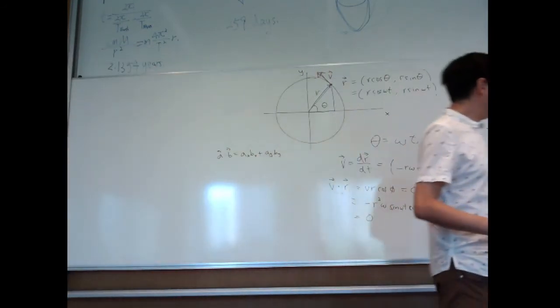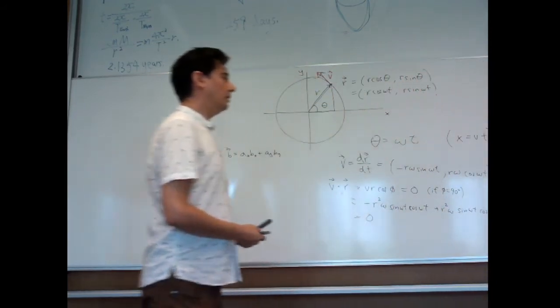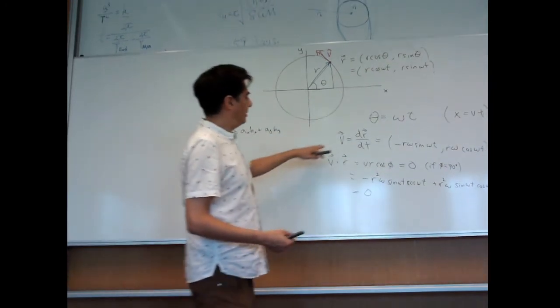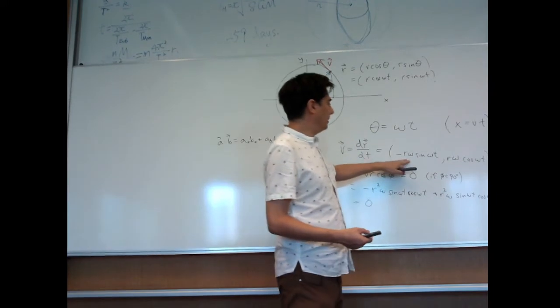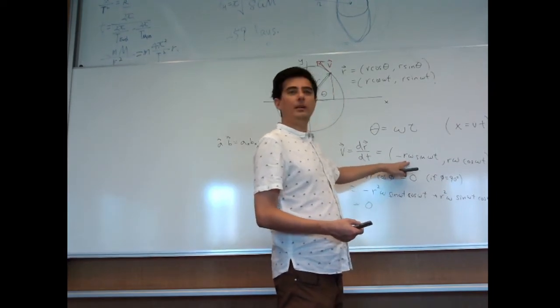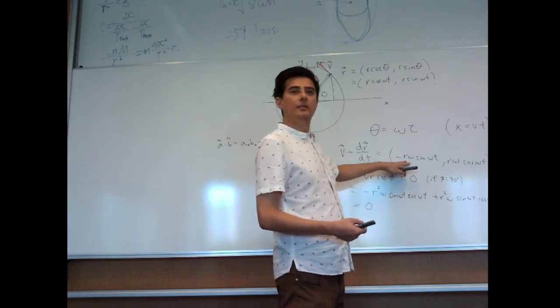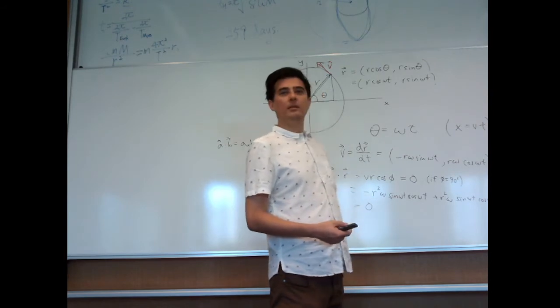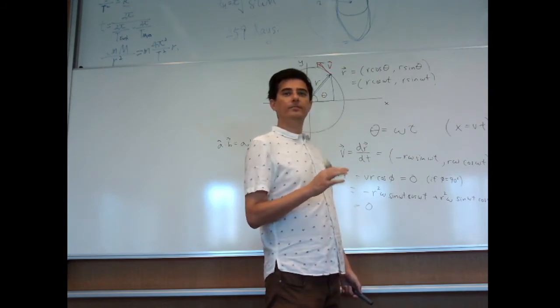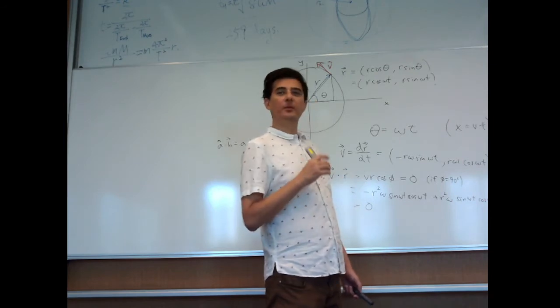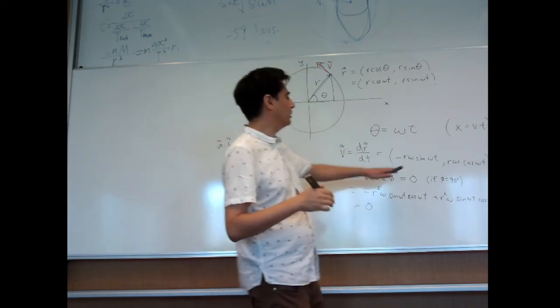Now the magnitude of the velocity is just r omega. So I've said the velocity is this, right? So from this vector, how do we work out the magnitude of this vector? Maybe the word I'm looking for is just Pythagoras, right?